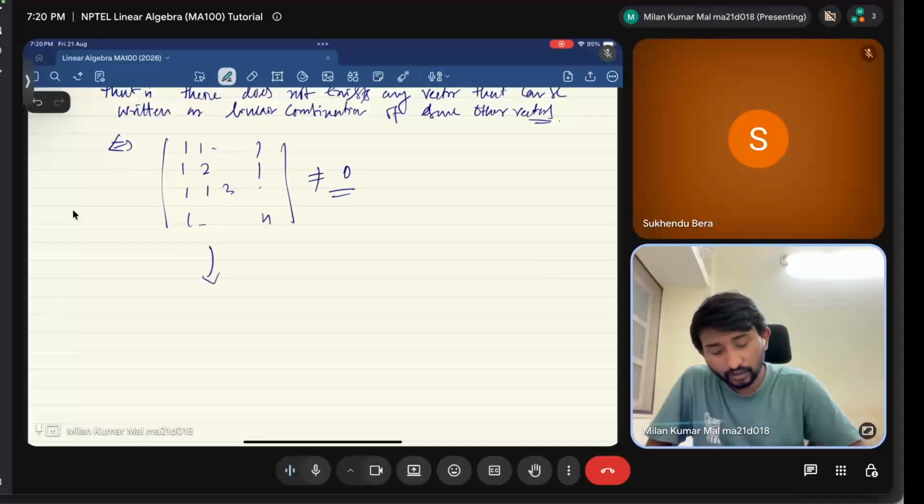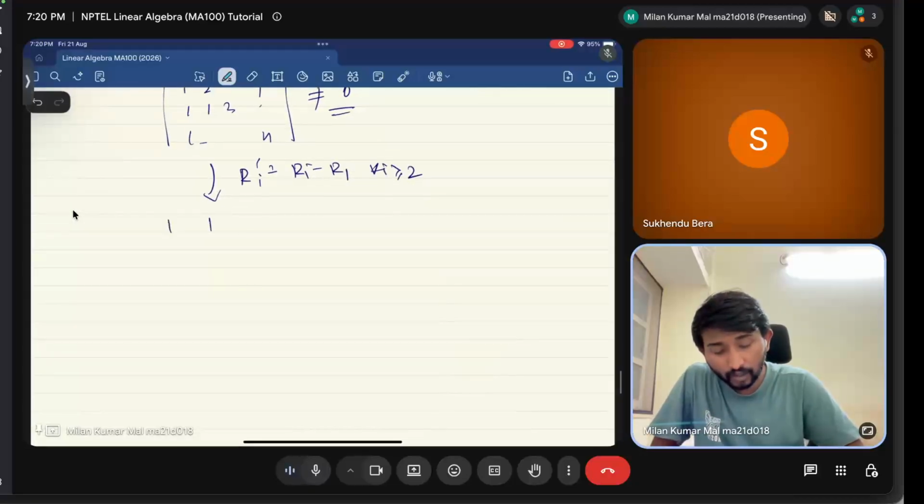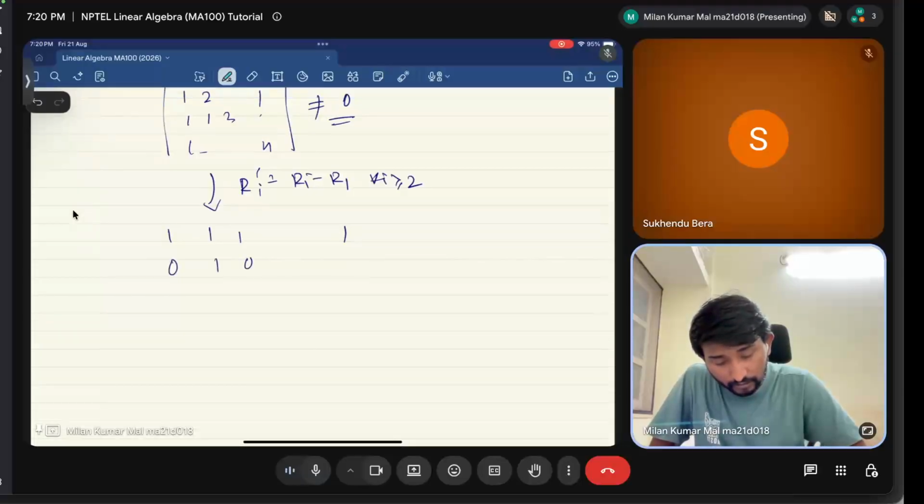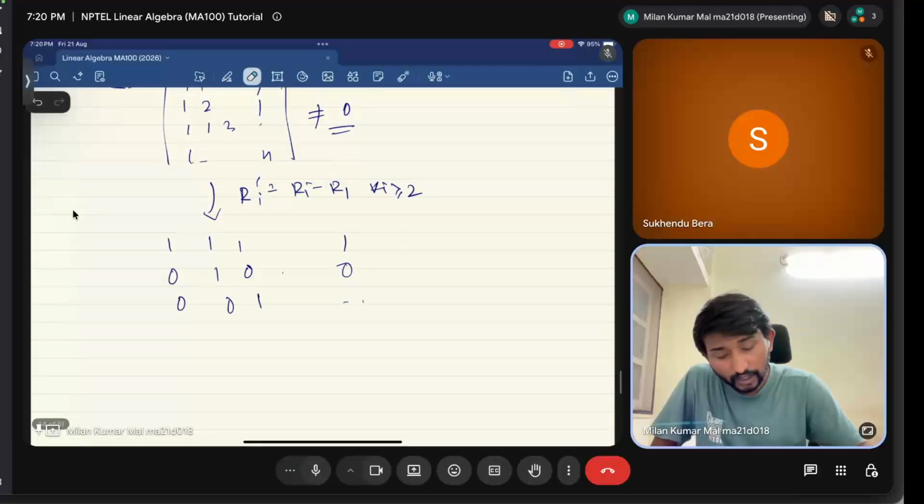So if you take ri dash equal to ri minus r1 for all i greater than or equal to 2, then what will you have? You have 1 1 1 all the way, and the next rows like 0 1 0 0, 0 0 1, this way.